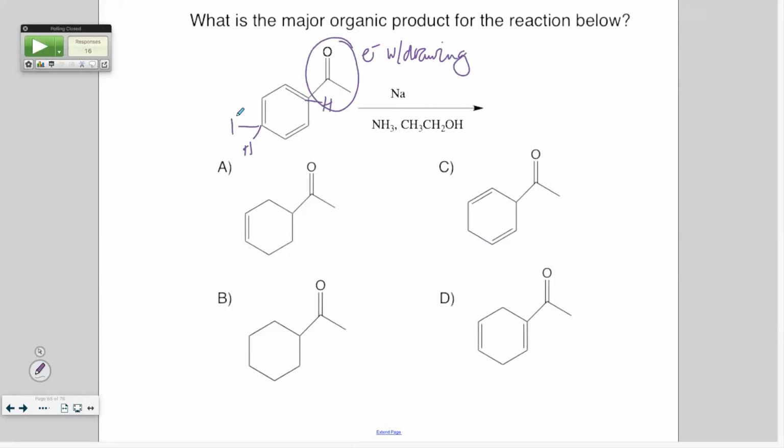There's already one there. Okay, and your double bonds are there in your product. So that is C. Does that make sense? Did everybody see it's between C and D?